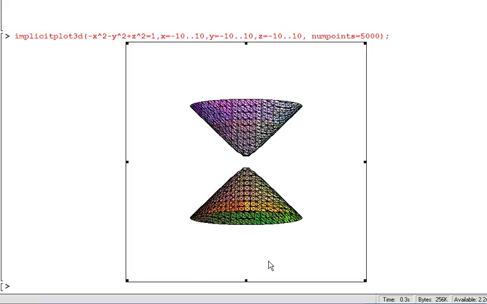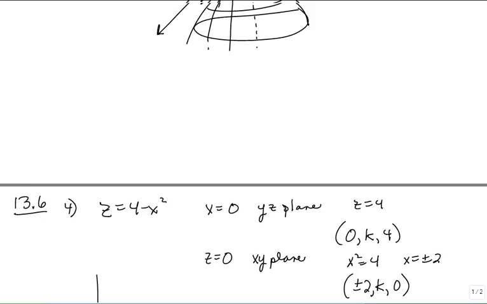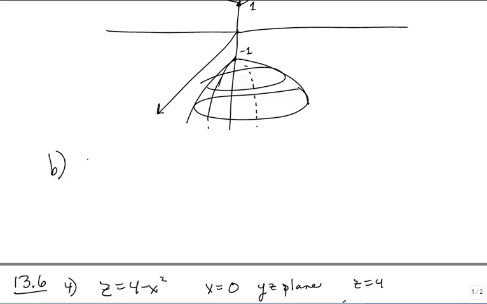Now the question is, part B says, what if the negatives are in different places? So B says, what if you have x squared minus y squared minus z squared equal 1? Well, you have the same shape, you have two negative signs.